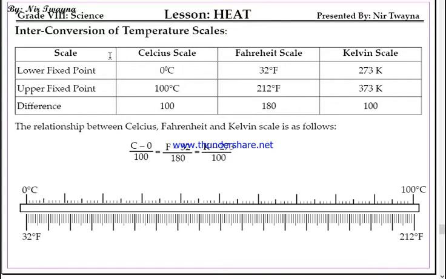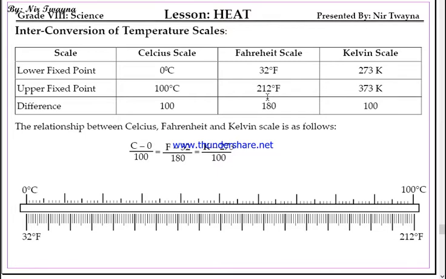Moreover, the temperature at which water boils is set at 100 degree in the case of the Celsius scale, which is also known as the upper fixed point. And in the case of the Fahrenheit scale, they have different standards, as I've already told you.